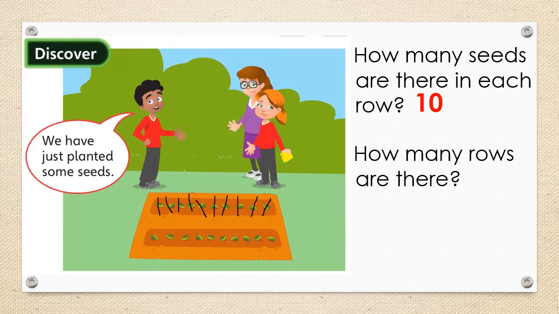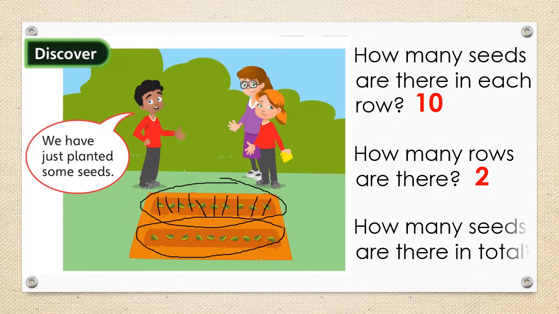How many rows are there? Correct. There are two rows. One row and the second row. How many seeds are there in total? Any idea? Let's find it out.